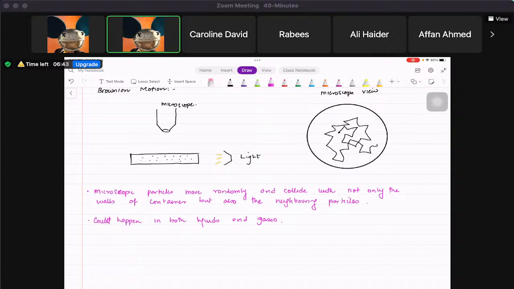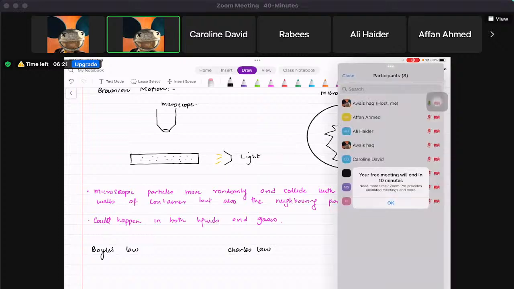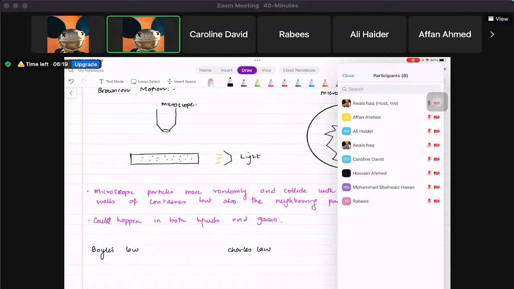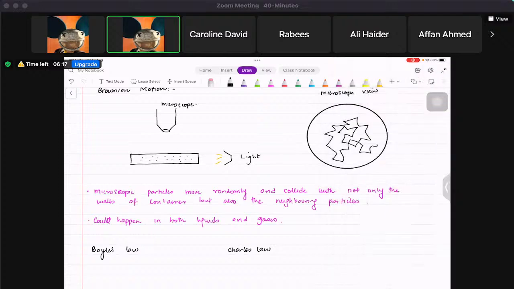First scientist produced Boyle's law. And then we're going to look at Charles' law. And then we are going to look at the pressure law. Okay.